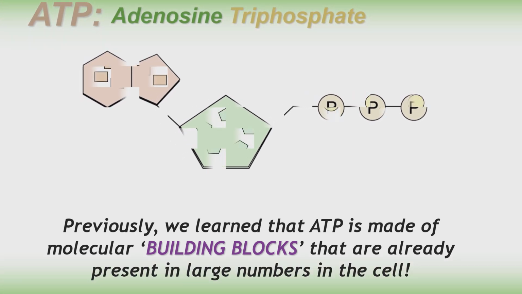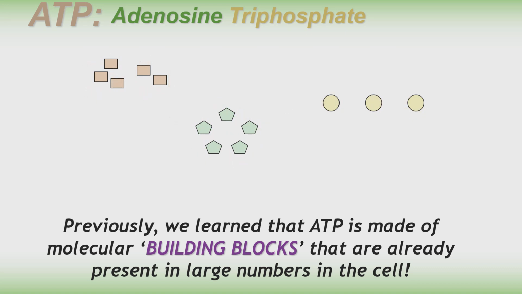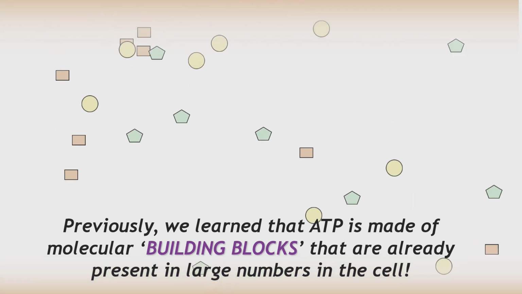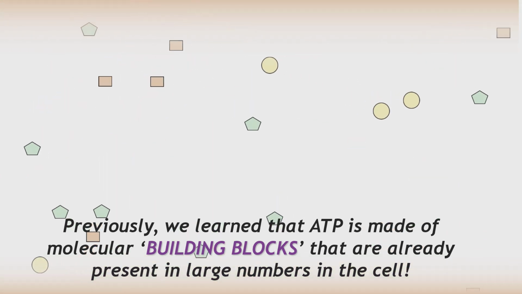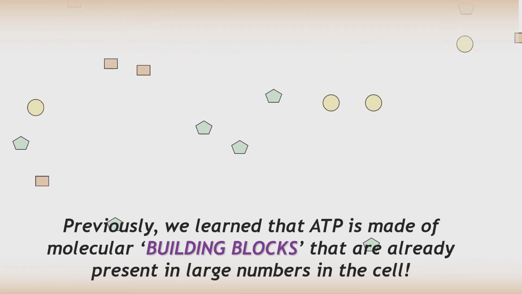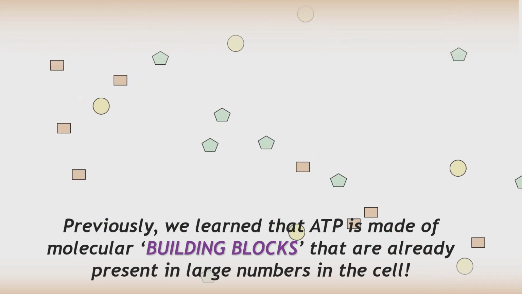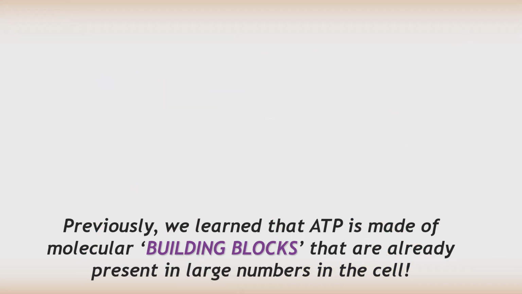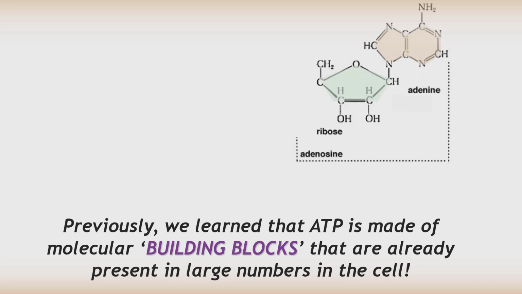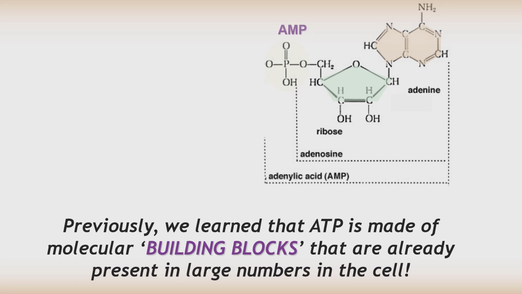Because these building blocks are already present in large numbers in the cell, they're just constantly there, floating in the fluid-filled interior of the cell, what we often call the cytoplasm. The building blocks are adenine, a nitrogenous base, shown in orange, a 5-carbon sugar, ribose, shown in green, and then a series of phosphate groups.